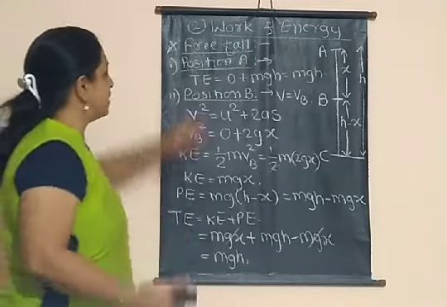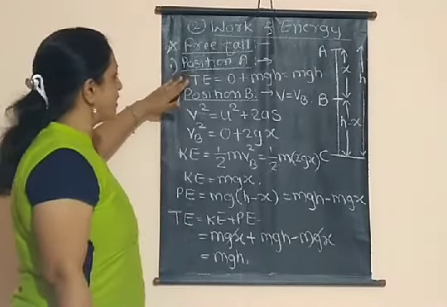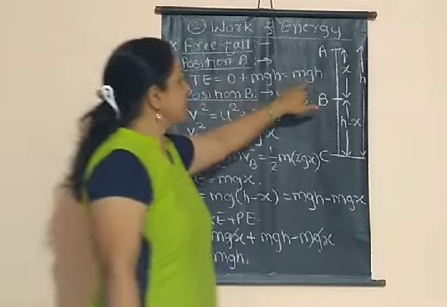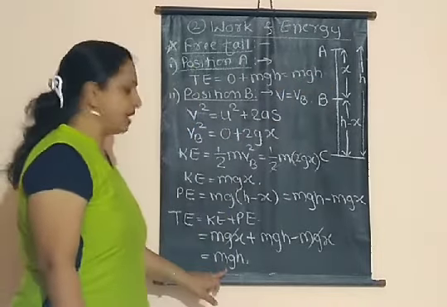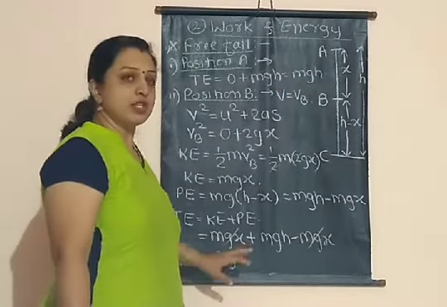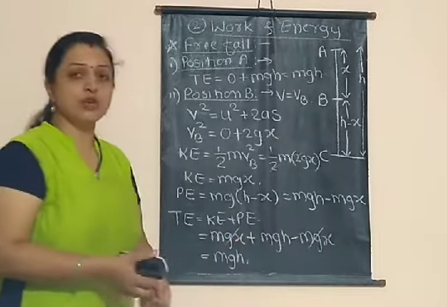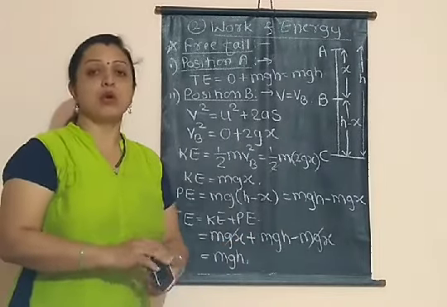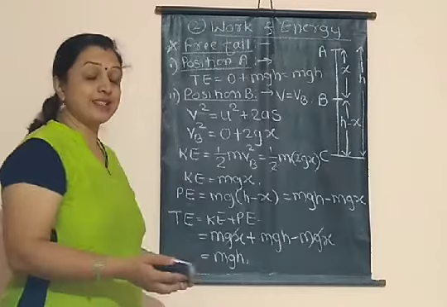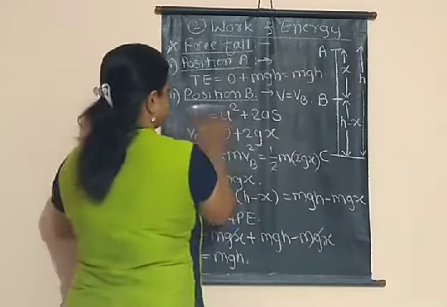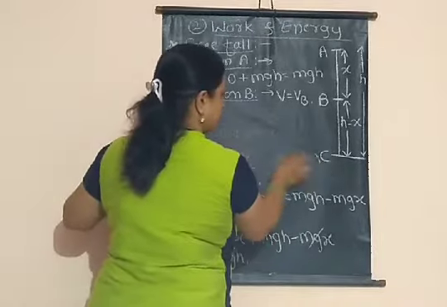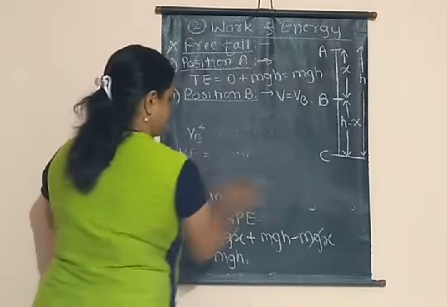Now you can see that at position A the total energy is mgh, and at position B also the total energy is mgh. It means that the total energy of the object remains constant. Got it? That is the law of conservation of energy. Now let's write this formula here.